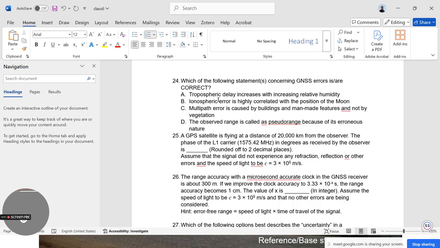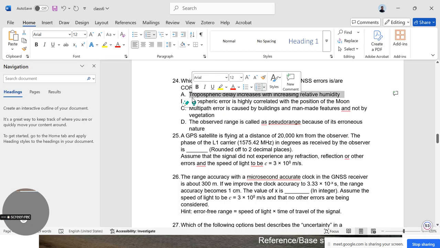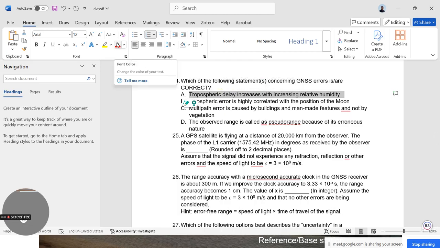Moist is your humidity and dry is your oxygen and nitrogen. That will create the atmospheric delay. If we increase the humidity, it will slow down the signal coming to us and make a delay, so delta T will be high. So tropospheric delay increases with increasing relative humidity. It means if there is more humidity, it will take more time to reach, and because of that, more delay will happen.